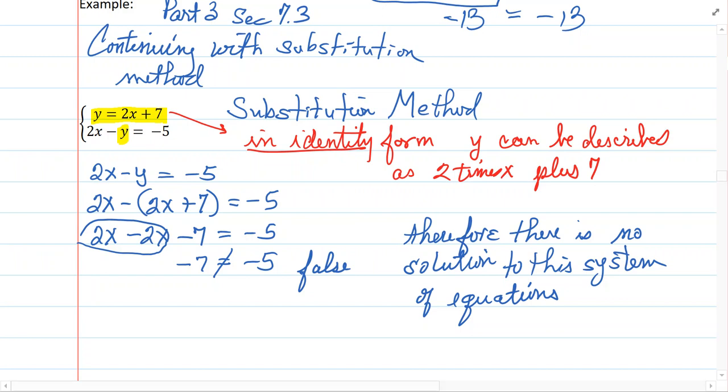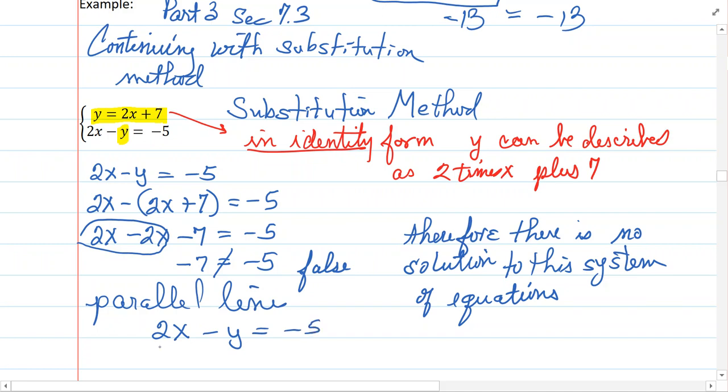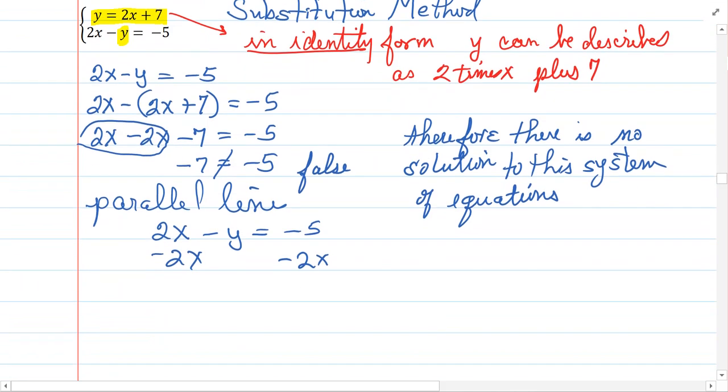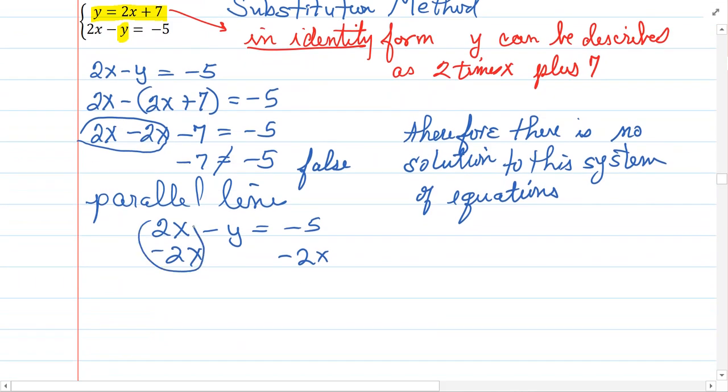And you can see that we have, in this case, the same slope. So these are parallel lines. Because if I move the 2x minus y equals -5, and I subtract the 2x, this zeroes out.